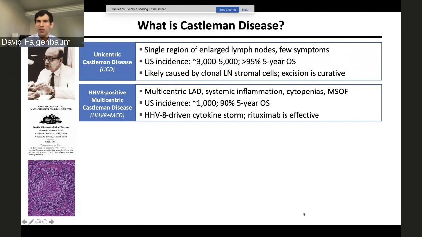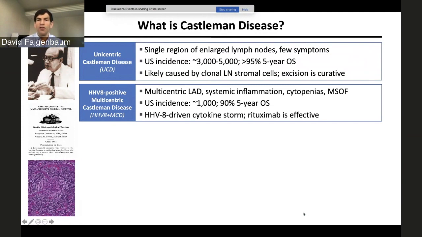There's a form of multicentric Castleman disease caused by a virus, human herpes virus 8 or KSHV, where the virus initiates and ignites a cytokine storm, which leads to production of viral and also human interleukin 6.